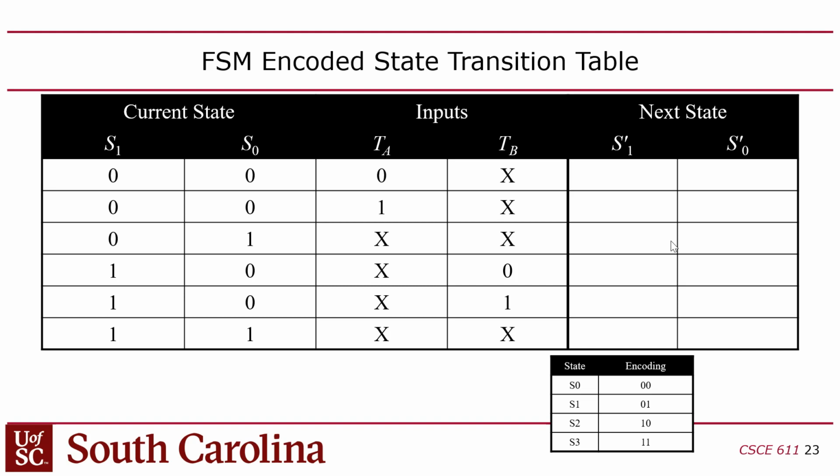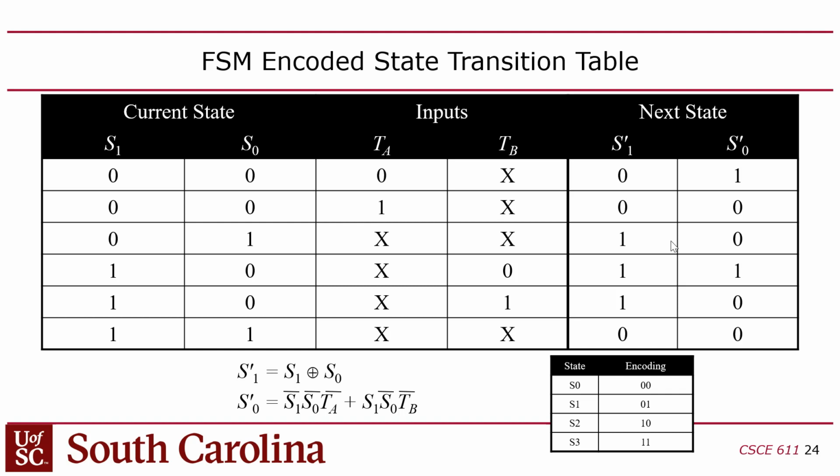But you just have to assign a unique binary value for each state, and then you would replace the state with the encoding. So S0 is 0, 0, S1 is 0, 1, S2 is 1, 0, and S3 is 1, 1. And so once you do that, you have a fully binary truth table, at which point you can translate this truth table into Boolean algebra, right?